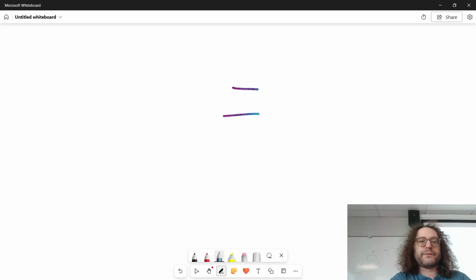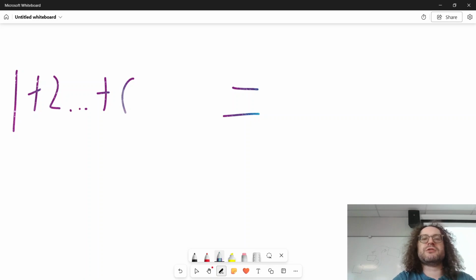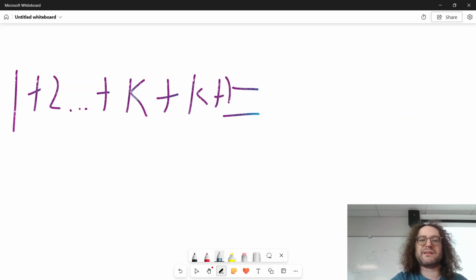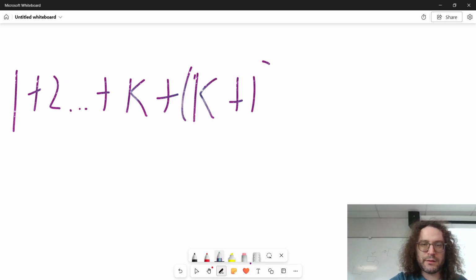So 1 plus 2 dot dot dot plus, and then we had n minus 1, which would be k plus 1 minus 1, so I'm just going to write k, right? Plus, and then replace the n in the previous equation with k plus 1. Make sense? Let's go ahead and work on that. k plus 1.